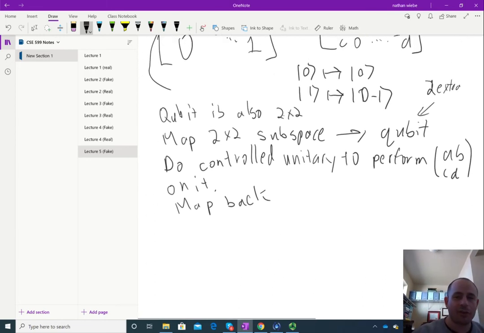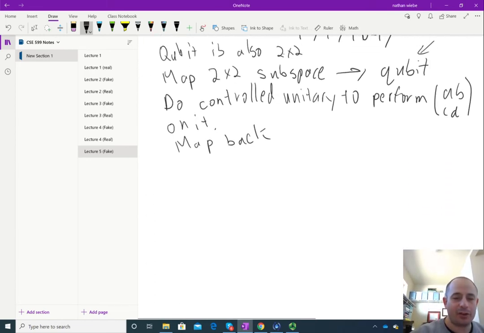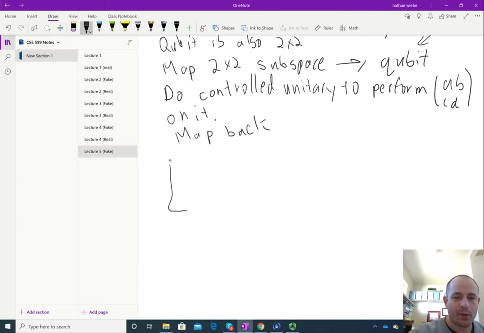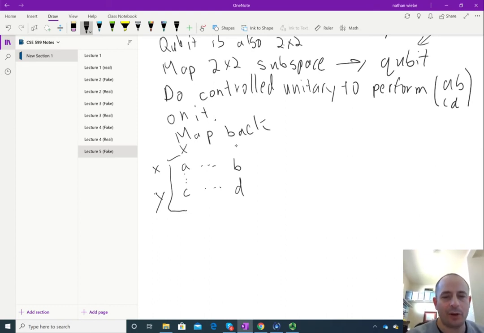So imagine now that we have a generic block: A, B, C, D. Let's assume that this occurs in row X and column Y, and similarly this occurs in column X and row Y, where X is strictly less than Y. Okay, great.